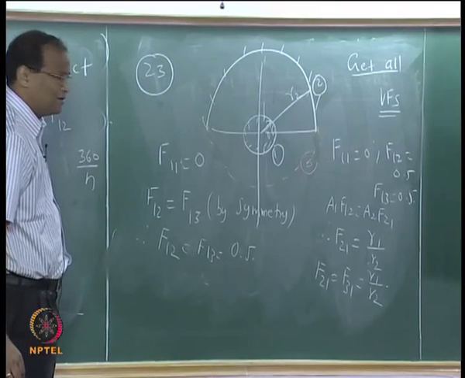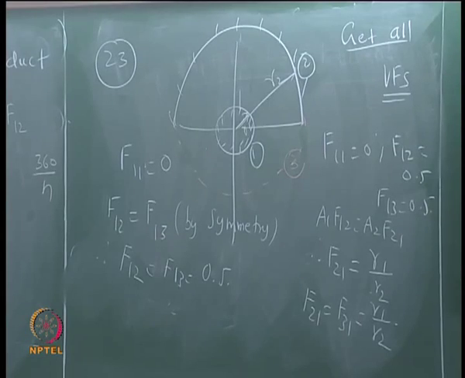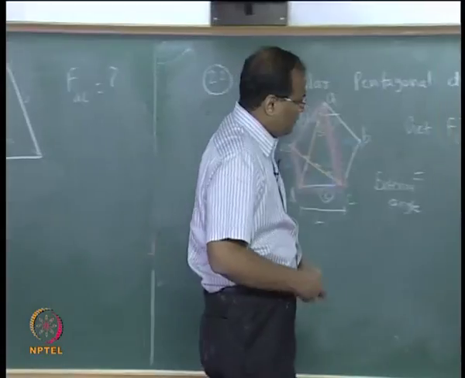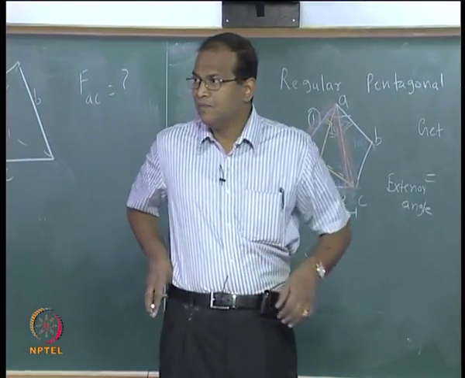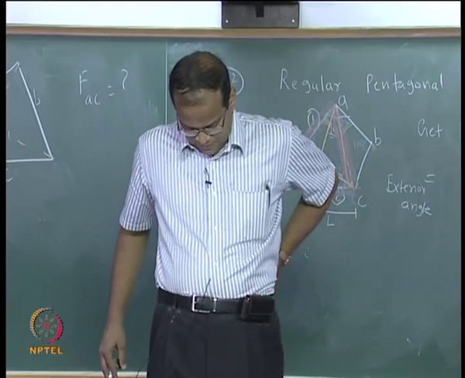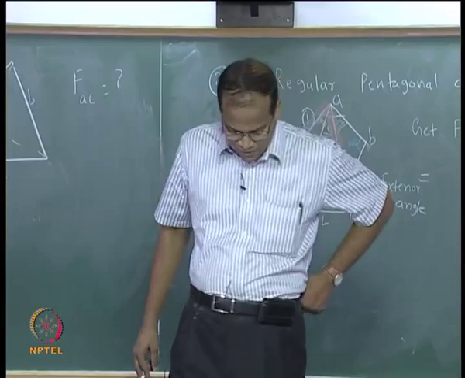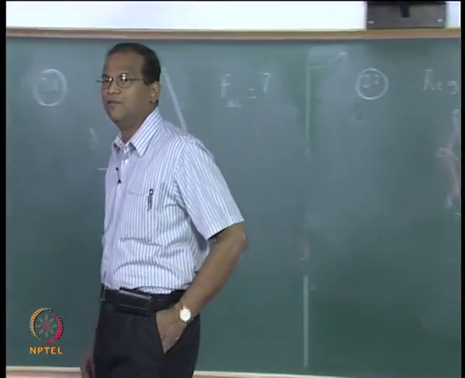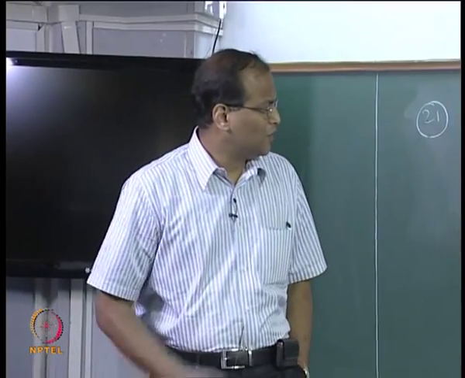And then F22. What I have done is, got it as R1 by R2, okay. So it depends on, I have given R1 by R2 equal to half or something, right. So what are the other things required now?